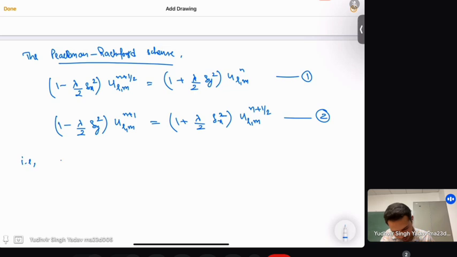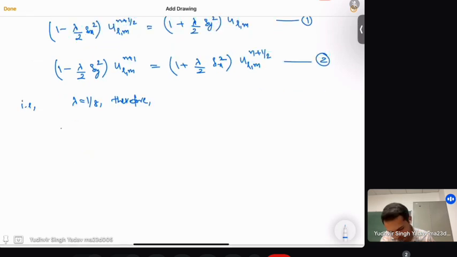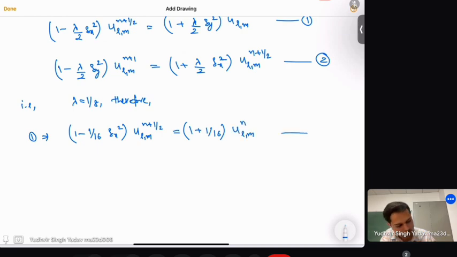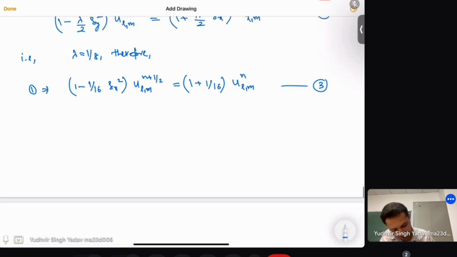Also, lambda is given as 1 by 8. Therefore, equations 1 and 2 reduce to: 1 minus 1 by 16 delta x square U(L, M) at n plus half equals 1 plus 1 by 16 delta y square U(L, M) at n, let us number it 3.